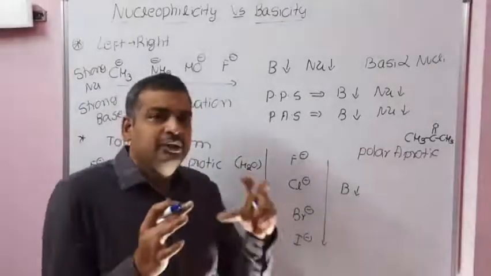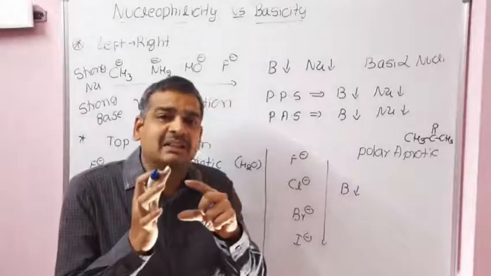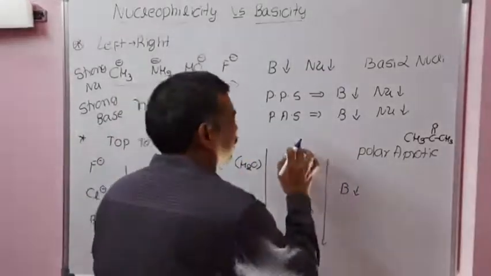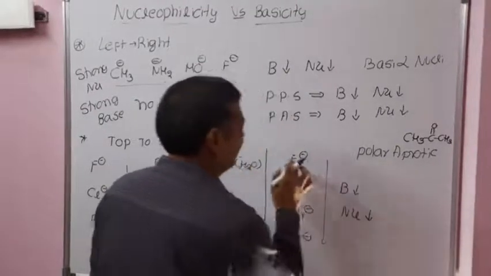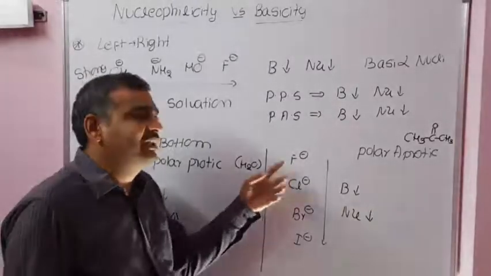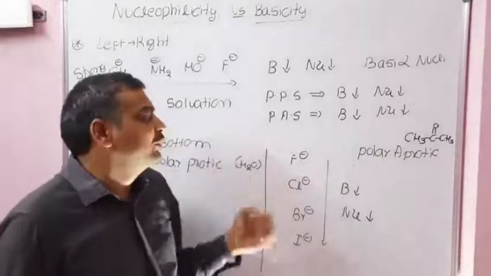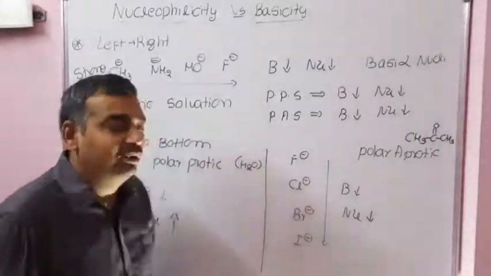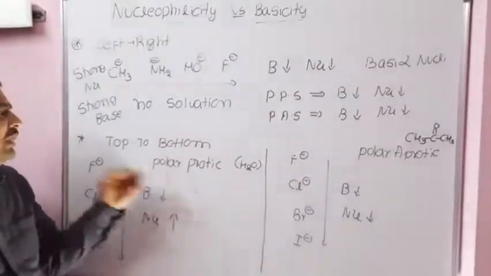For iodide, size is big, electron density is small, less repulsions, so it slowly attacks an electron deficient atom. So from top to bottom, nucleophilicity decreases, because repulsions decrease. So from top to bottom, basicity decreases and nucleophilicity decreases in polar aprotic solvent. In protic solvent, basicity decreases and nucleophilicity increases.